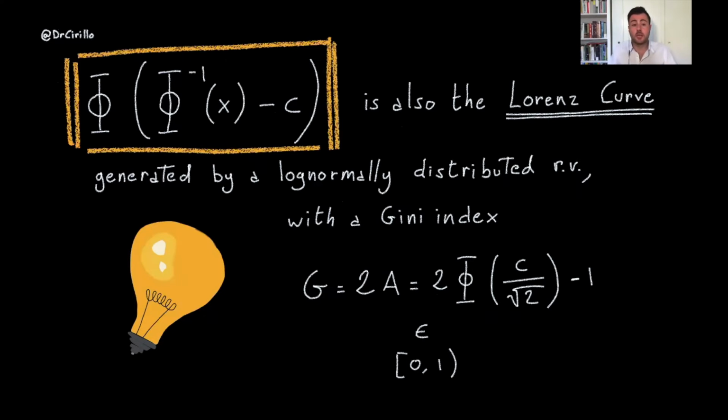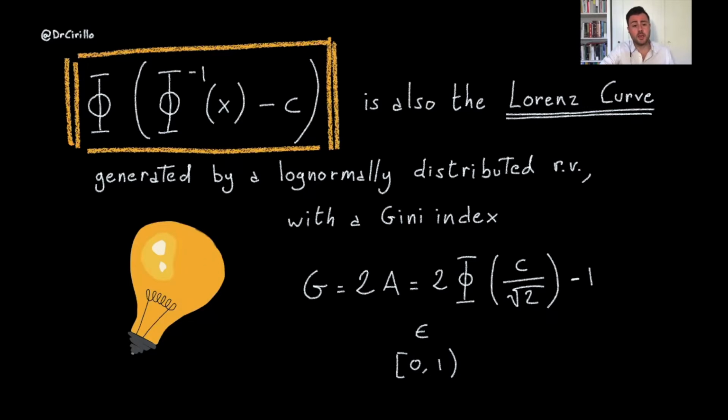An immediate question that I can ask myself is, okay, this is a Lorenz curve associated to some log-normally distributed random variable, but what is this random variable? Is there a way of understanding what the random variable is? And actually there is, once we remember that C is nothing more than the Sharpe ratio multiplied by the square root of capital T, so the maturity.